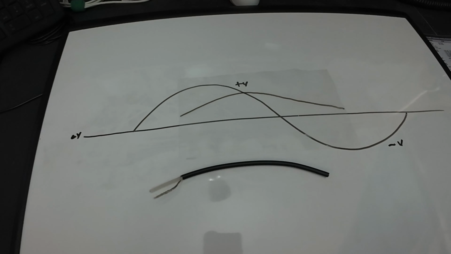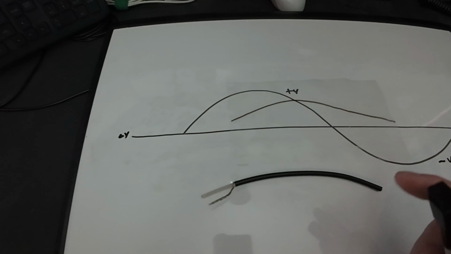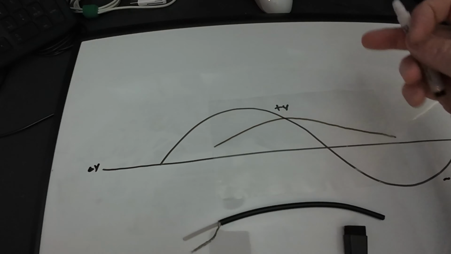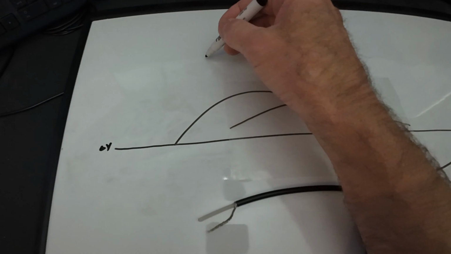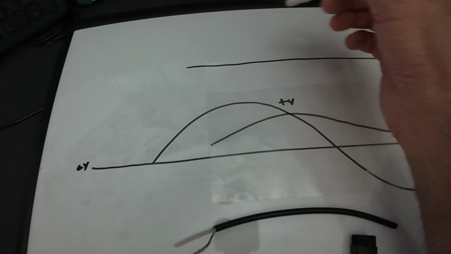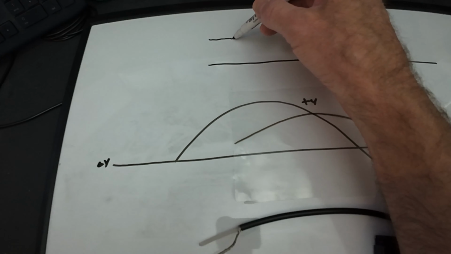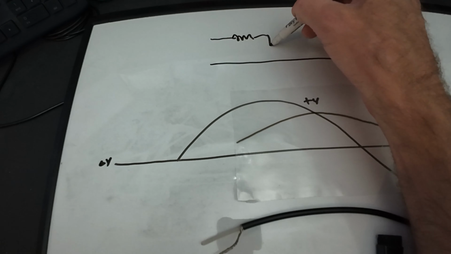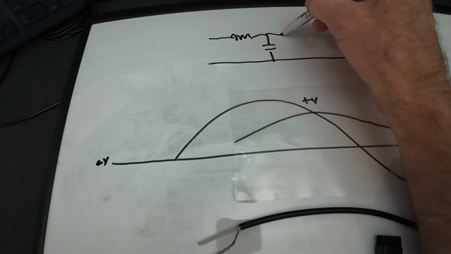If you model a transmission line, the model will look like two parallel conductors, but the top one is going to have some inductance in it and then capacitance to ground.